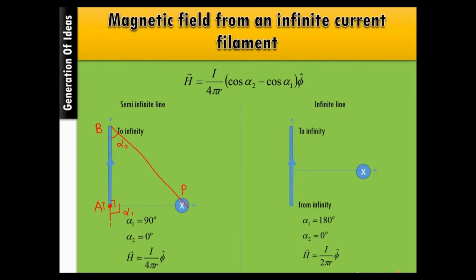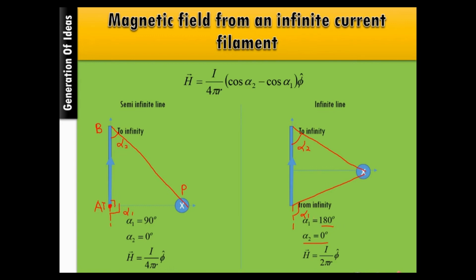While for the infinite line, it is the same for alpha 2, which approximates to 0. But for alpha 1, the angle over here, when it moves further away, the angle becomes greater and greater, with a maximum at 180 degrees.